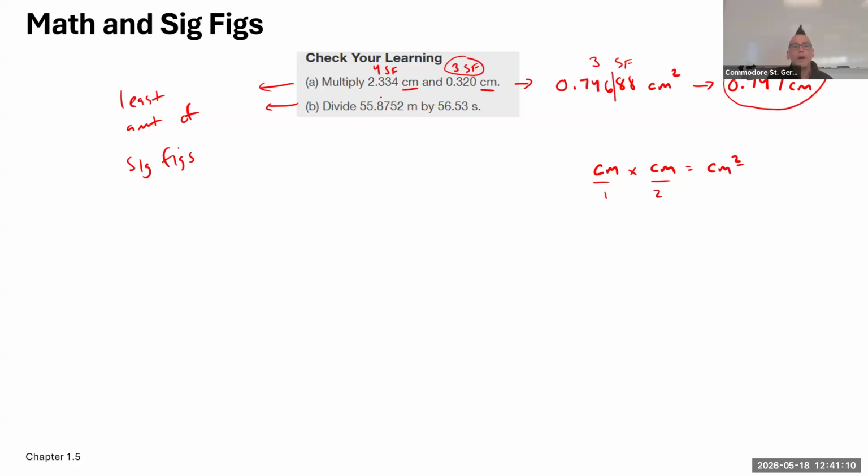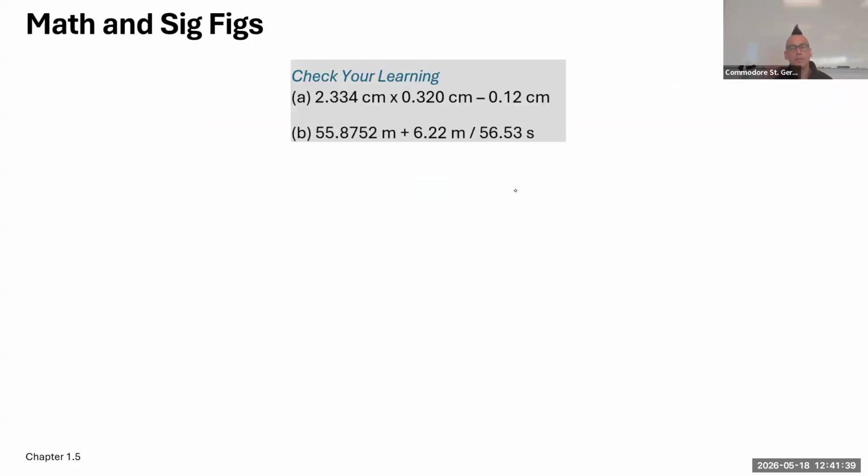All right. This one is 55.8752. I'm going to rewrite it a little bit different. Meters divided by 56.53 seconds. Here we have 5 sig figs. Here we have 4 sig figs.